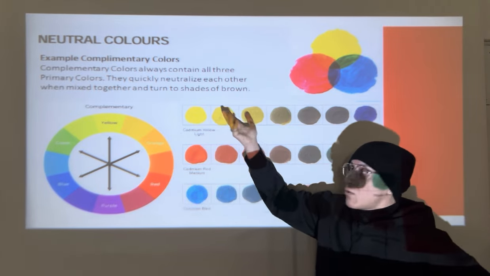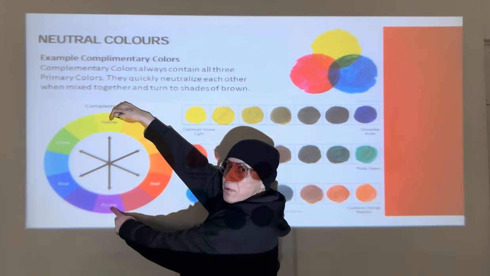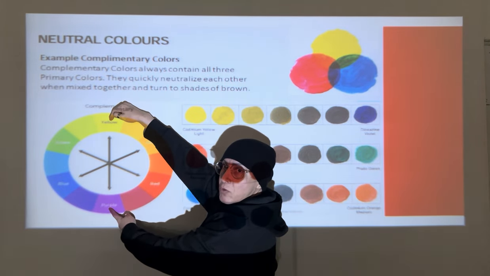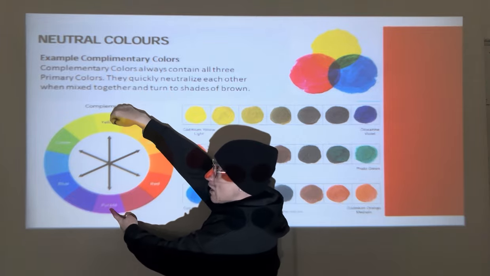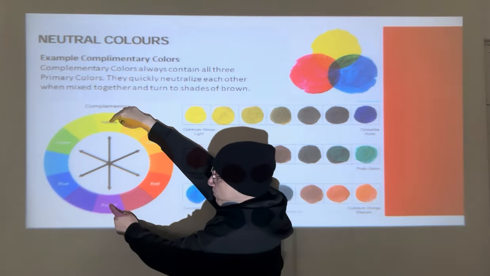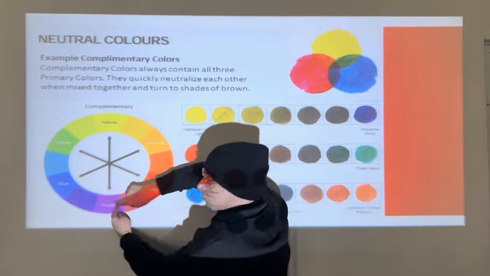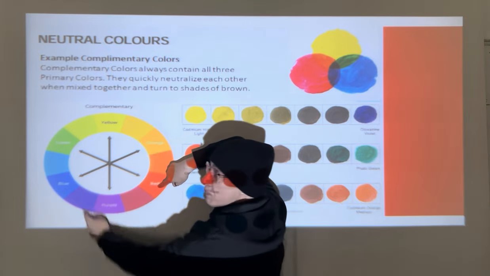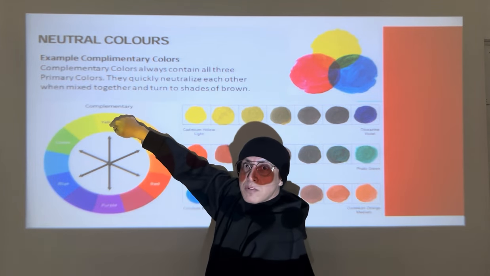How is this happening? Well, yellow and purple, for example, are complementary because they're opposite on the wheel. So how do they contain three primary colors? Well, yellow is a primary color. Purple is created how? By mixing red with blue. So red and blue are primary. So in fact, you have all three in one, okay?